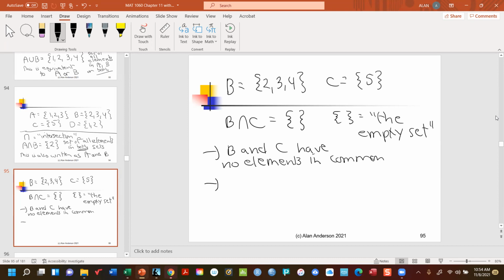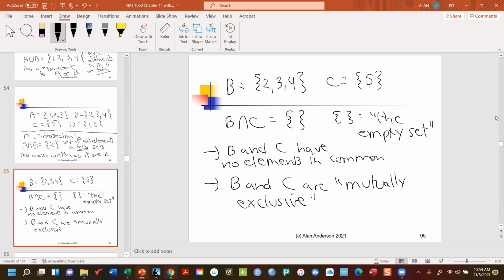And in terms of mathematical notation, this means that B and C are mutually exclusive, we call it. So imagine that instead B and C were the set of odd numbers and even numbers.